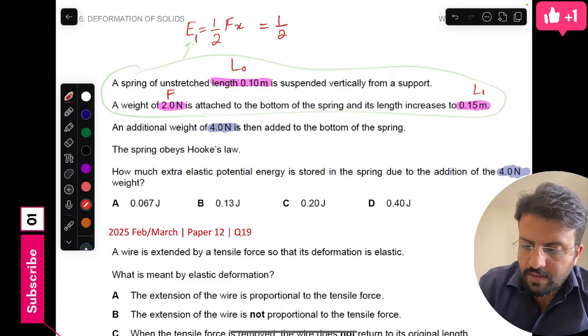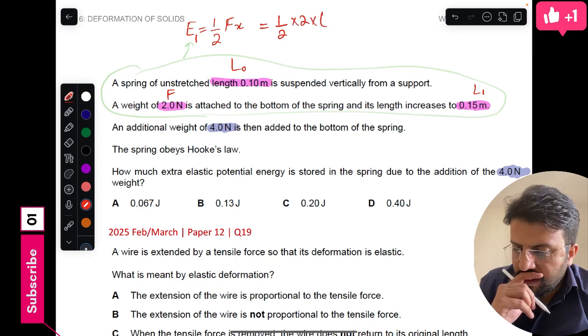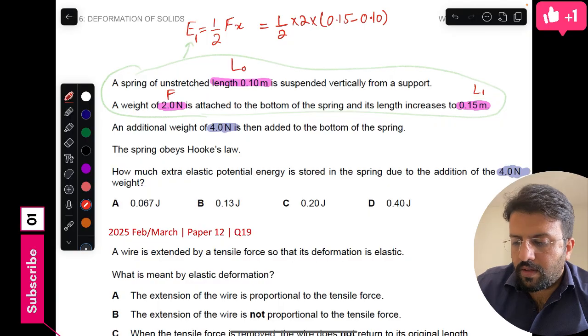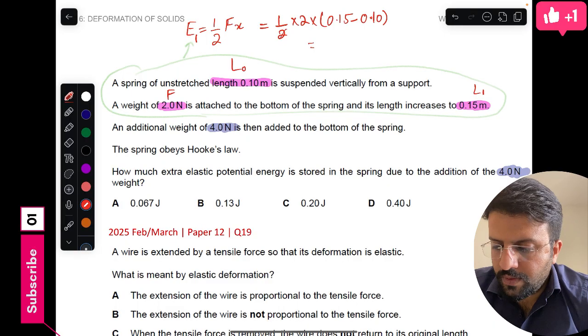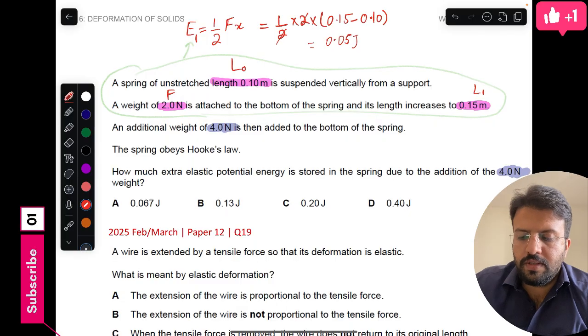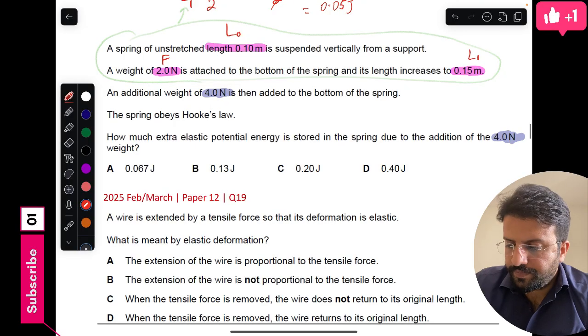It is 1 by 2, force is 2, and extension is 0.15 minus 0.10. This 2 will cancel out, and 0.15 minus 0.10 gives 0.05 joules. So this is the initial energy.